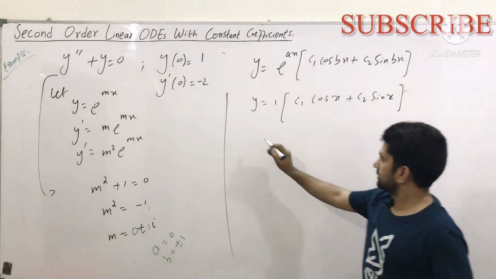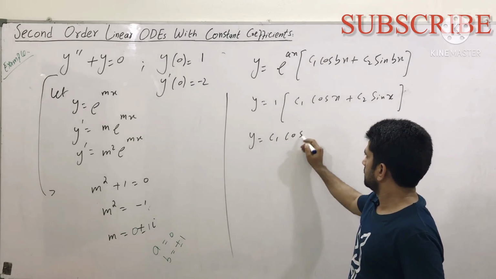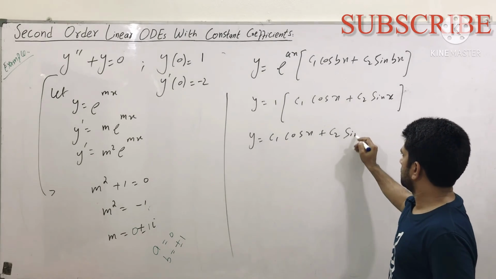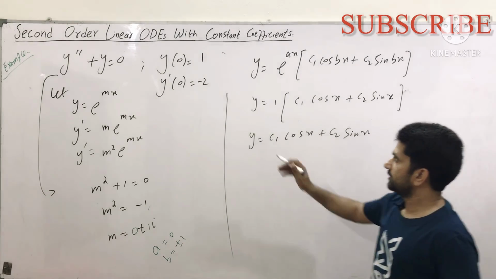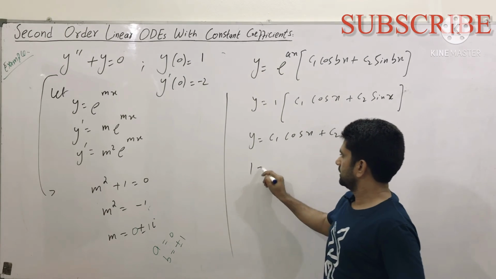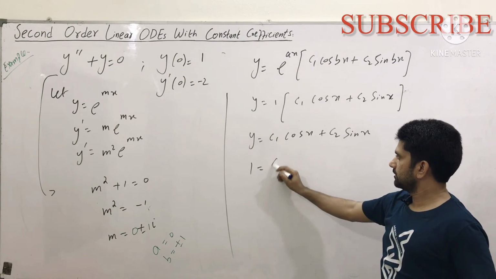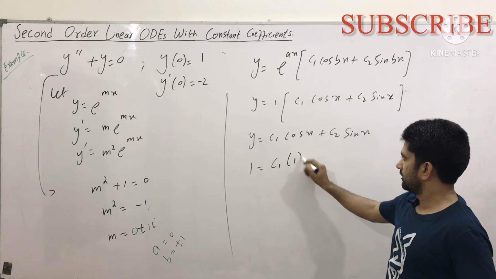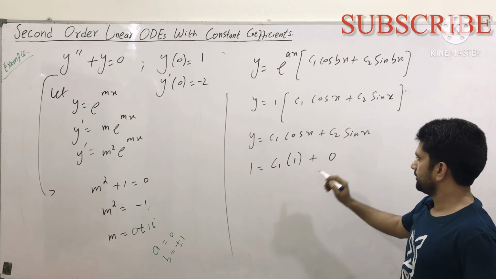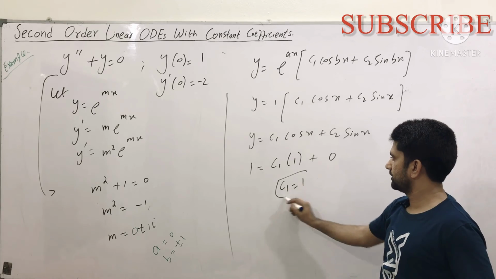So I can write y = c1 cos x + c2 sin x. The first condition, when y is 1 and x is 0: cosine 0 is 1 and sine 0 is 0, so c1 would be 1.